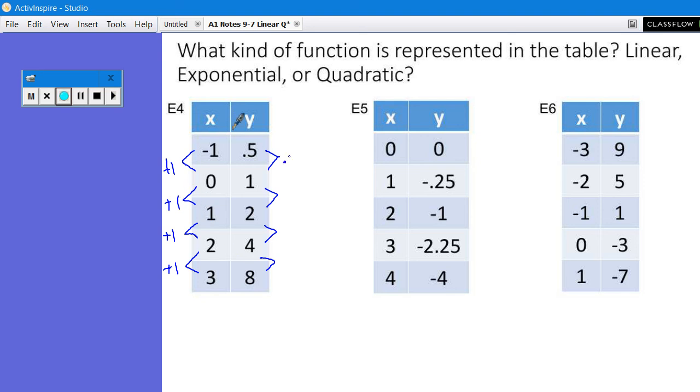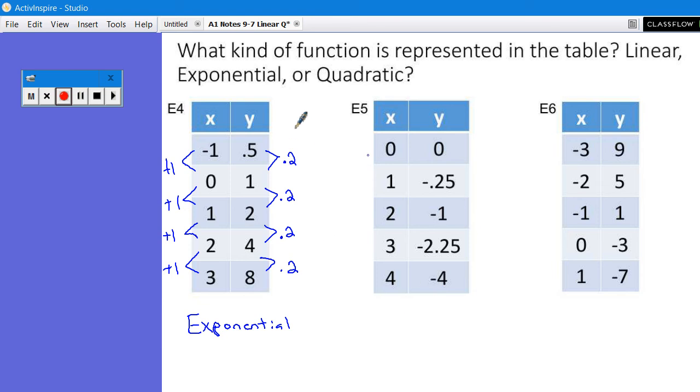If I multiply by 2 every time, does it give me the same thing? Yes, that works. If I multiply by the same thing every time, that's that constant ratio, which means it is going to be exponential. There you go, it's going to be an exponential model.